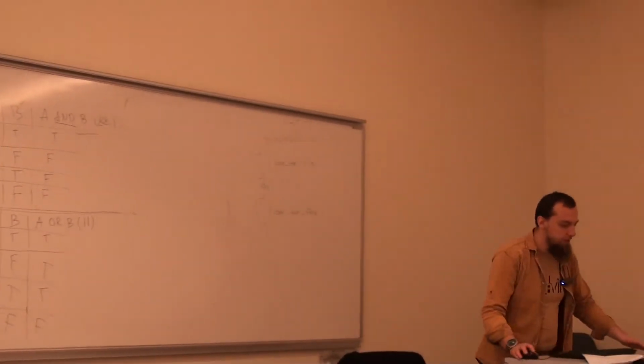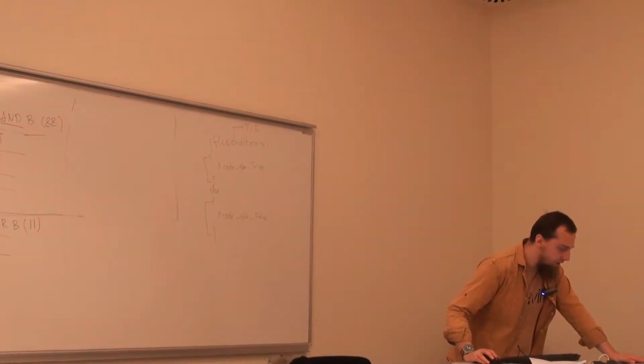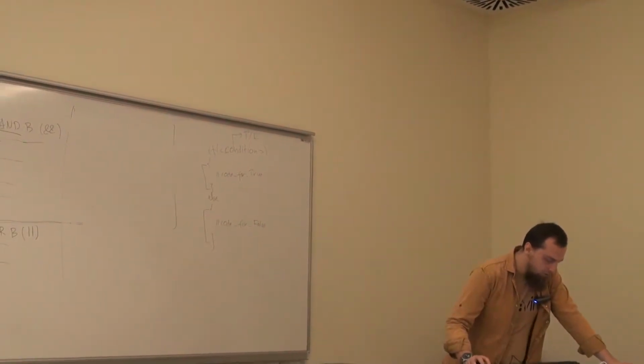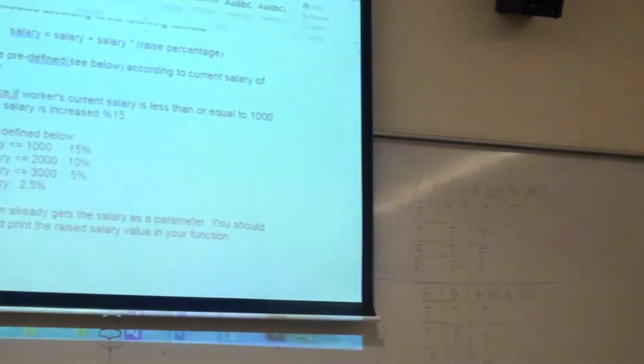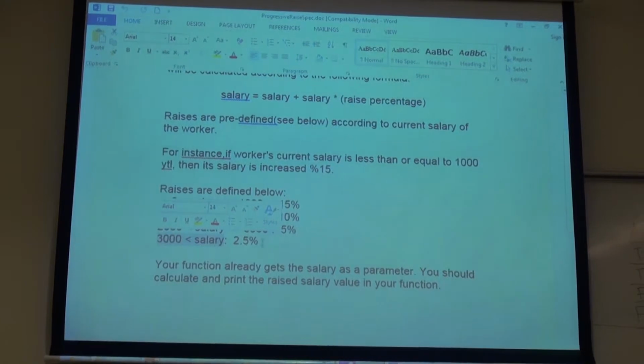Now let's go with something else. Can you come up with other codes that you might use here that will give a good result? What if I start something like this? I check whether the salary is greater than 3,000, then I print it.